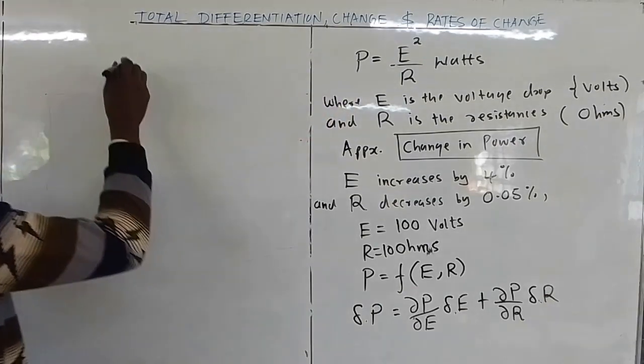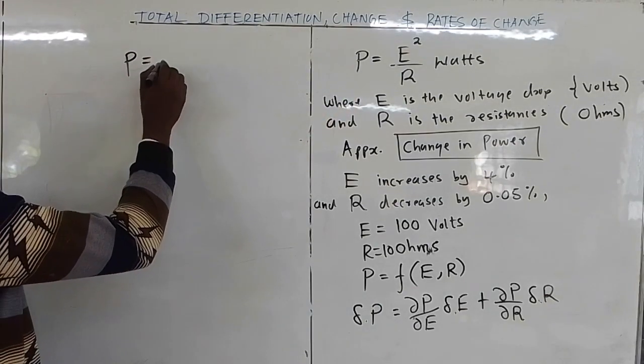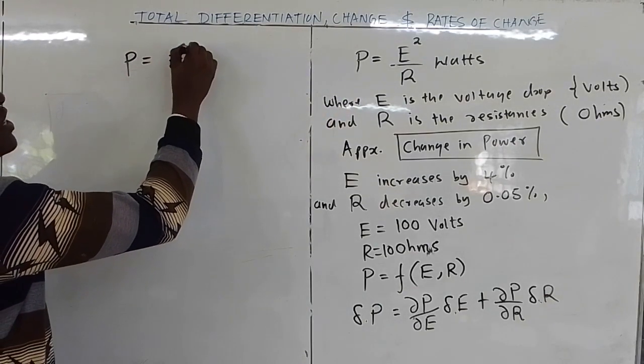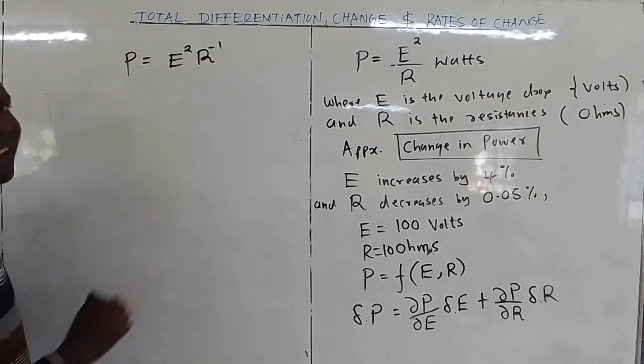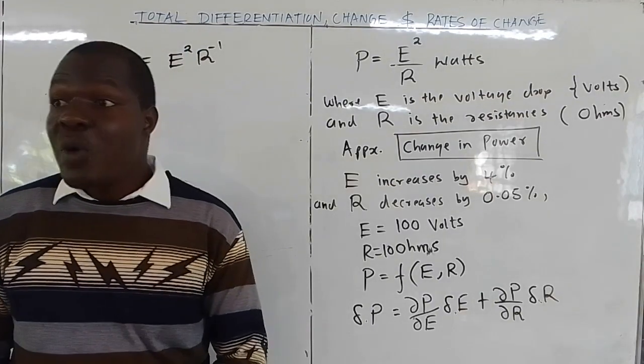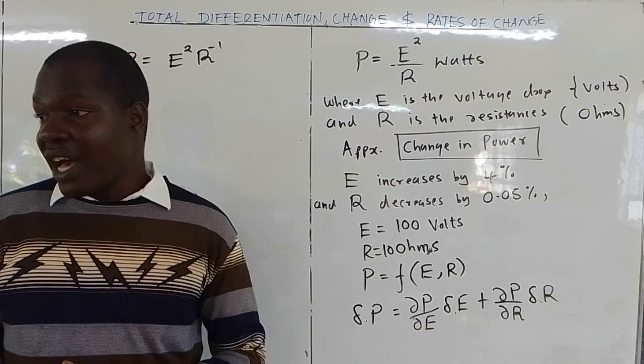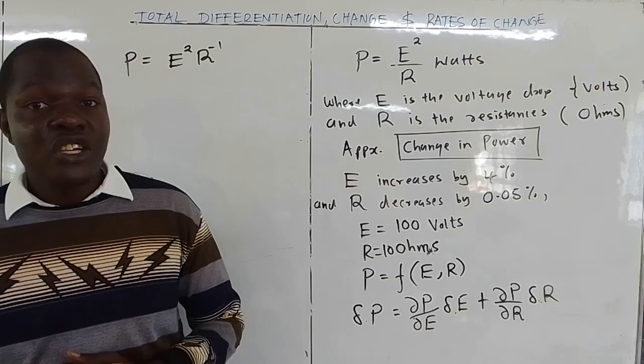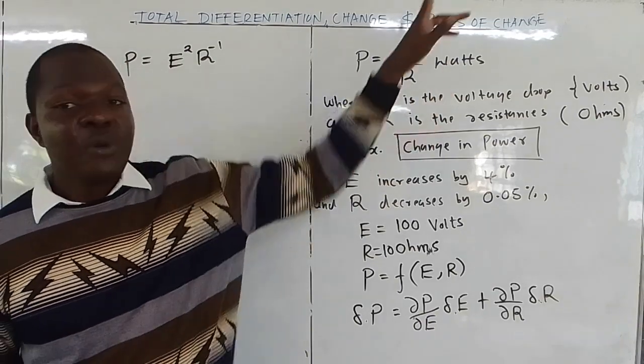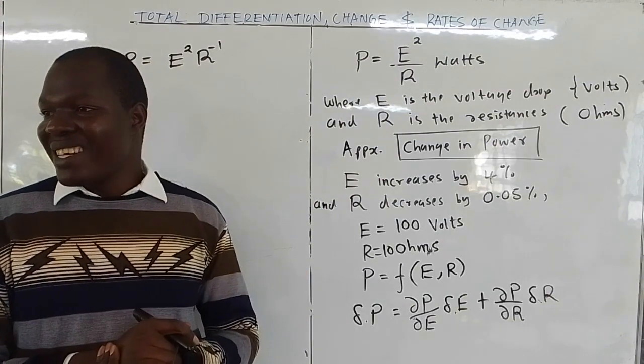So the equation you were told, the power P is given by E squared over R. Why are we doing it like that? Because we want to do differentiation. When we want to do differentiation, what is in the denominator, if you bring it to the numerator, it becomes R to the power -1, isn't it?